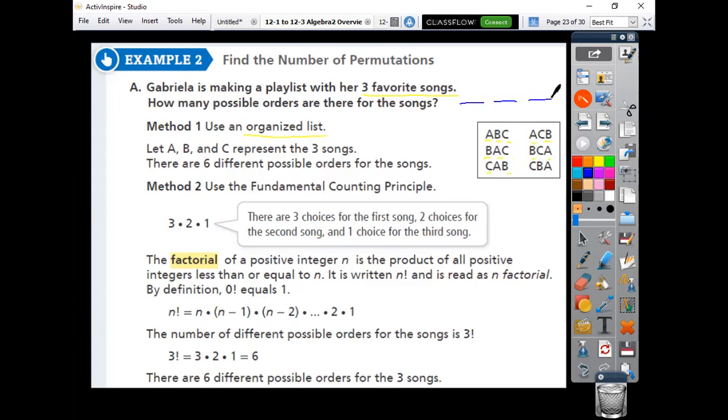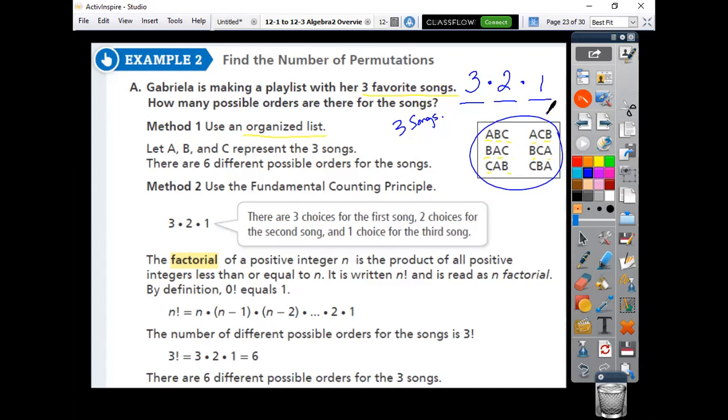If you haven't used any yet, there's 3 choices. She had 3 songs. She wants them organized. After she puts one of them there, then there's 2 left for here, and there's 1 left for here. So 3 times 2 times 1, that shows the 6 different possibilities here.